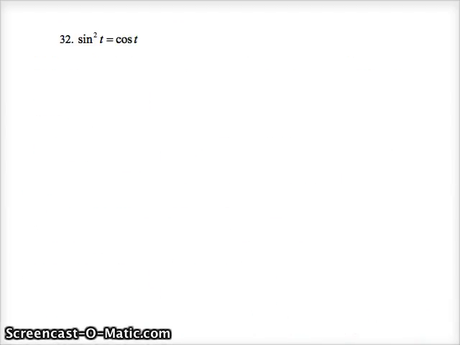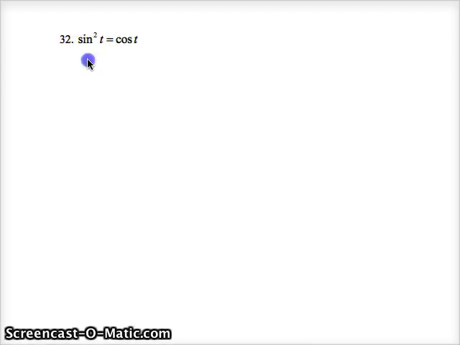Okay, now here's a good question. Sine squared is equal to cosine of t. You know, we could graph this, but another thing that we could do is see if we could eliminate one of the sine functions and put the equation all in terms of one trig ratio.